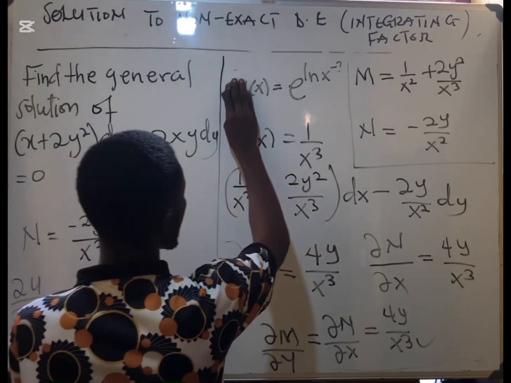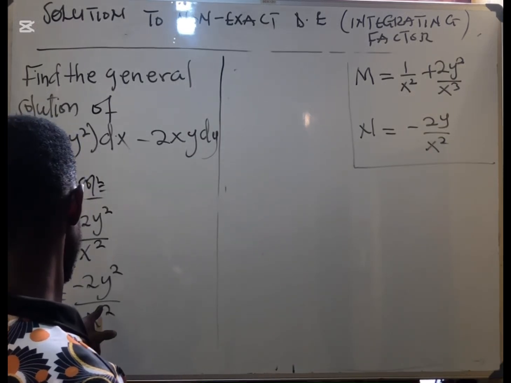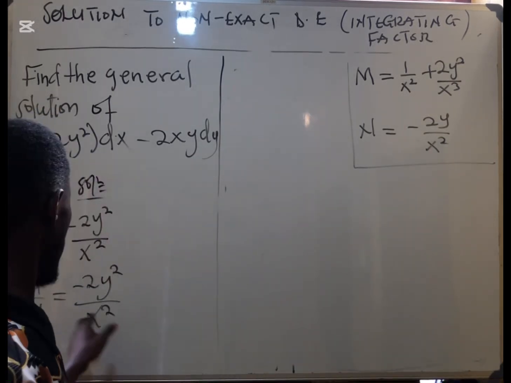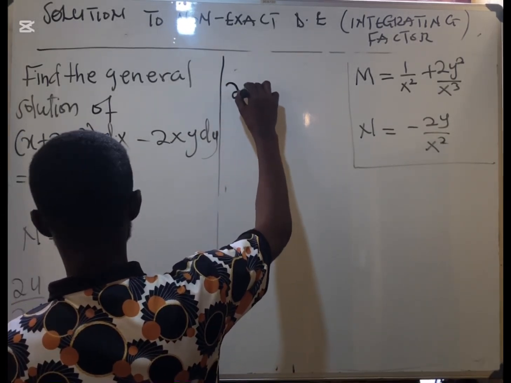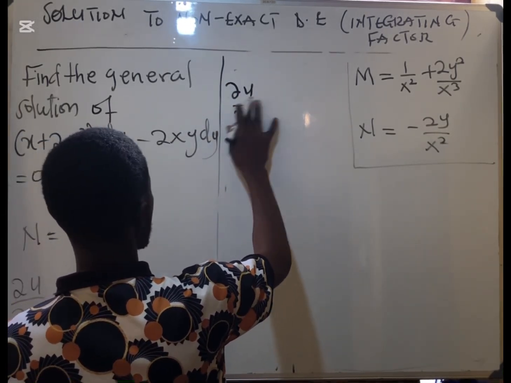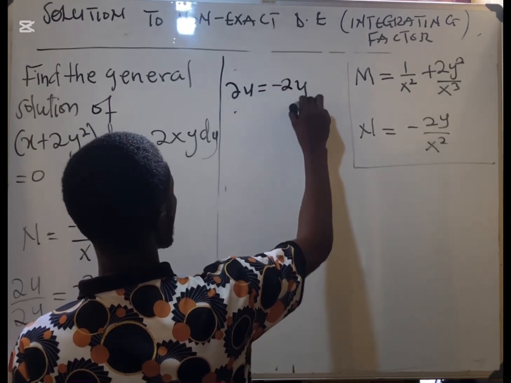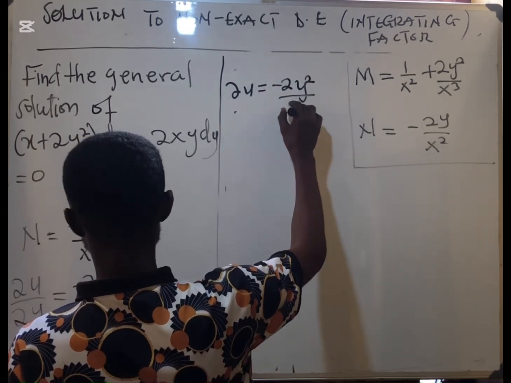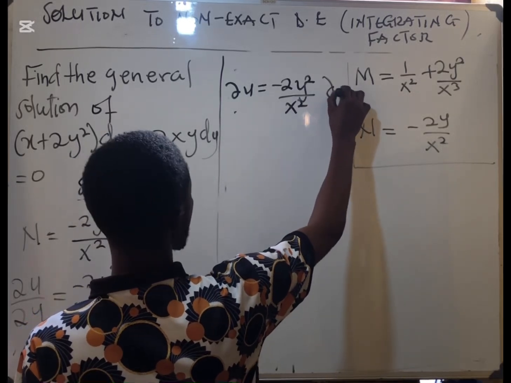Now that we have this one, I can write this as ∂u equals negative 2y squared over x squared ∂y.